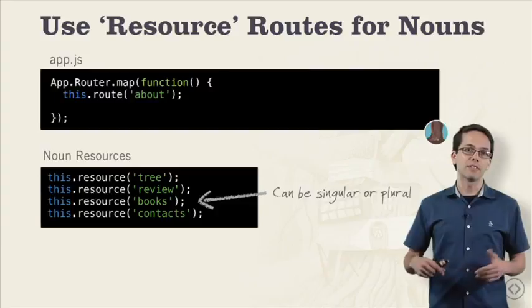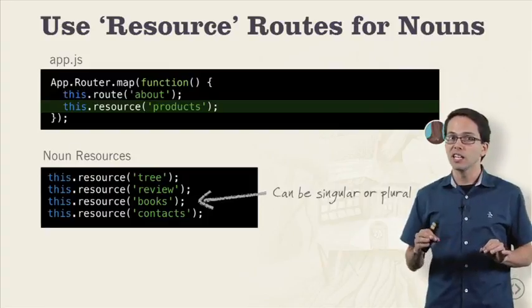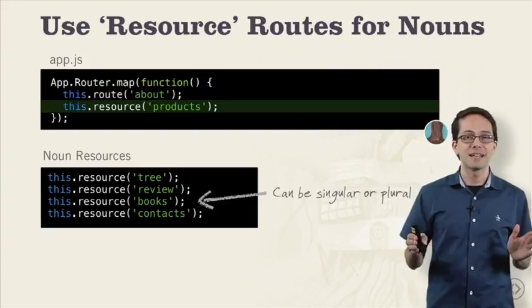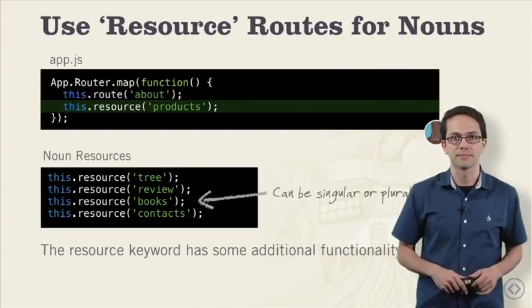In our case, we have a list of products, so we're going to call our resource route products and put that up there inside of our router. A resource route behaves a lot like a normal route, except it has some additional functionality, which we'll get to later in this level.